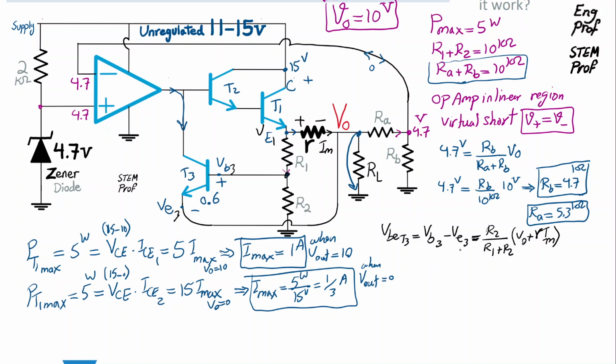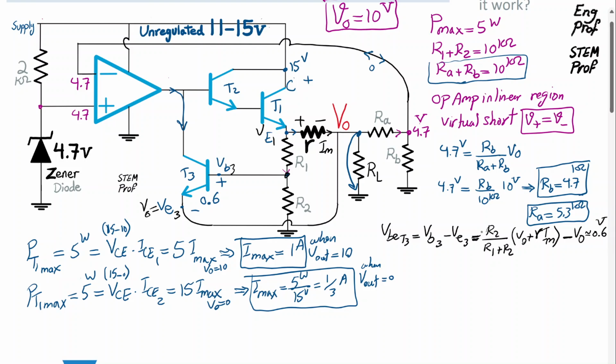What about V emitter 3? Well, via this wire, the emitter of the T3 is connected simply to output. So V emitter 3 is equal to Vout. Therefore, minus Vout. Okay, so we need this to be equal to roughly 0.6 volt, the threshold that we need to set the circuit for the current limiting or current foldback feature.